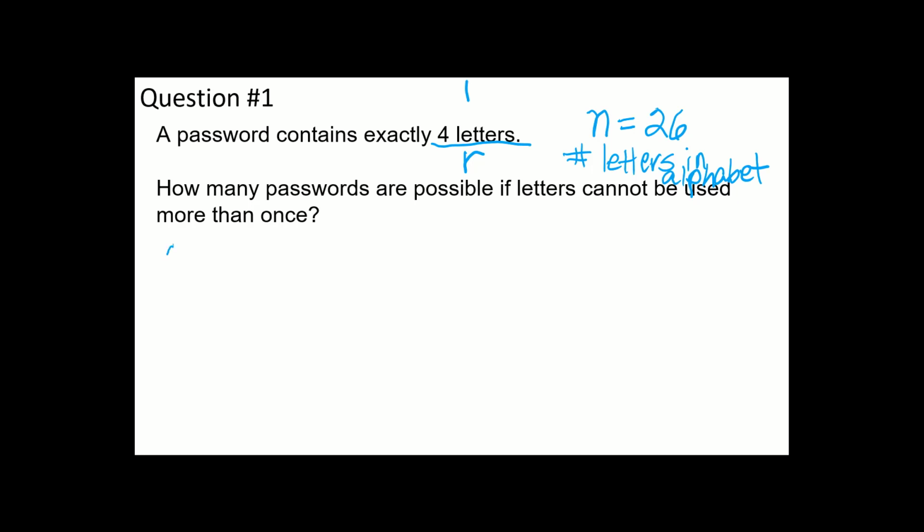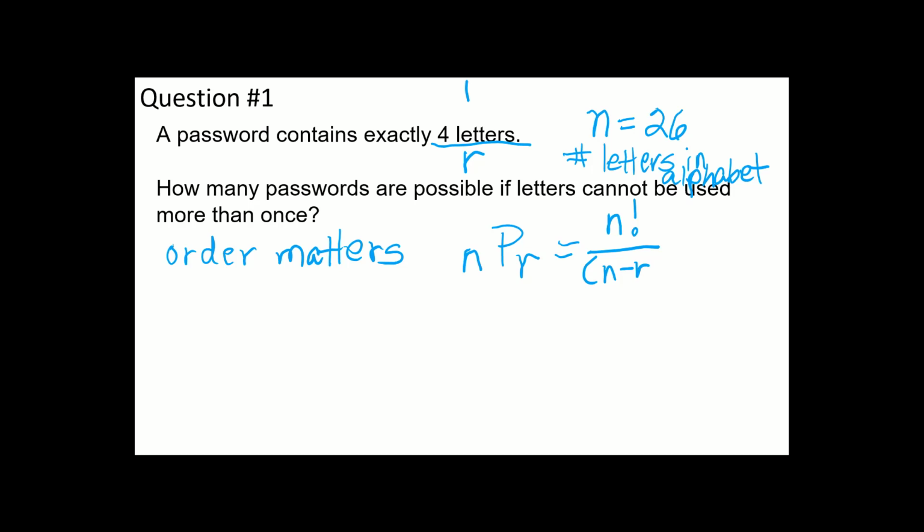In this question, order matters. So we're going to be using a permutation formula. The number of permutations of R is written as n factorial over n minus R factorial.